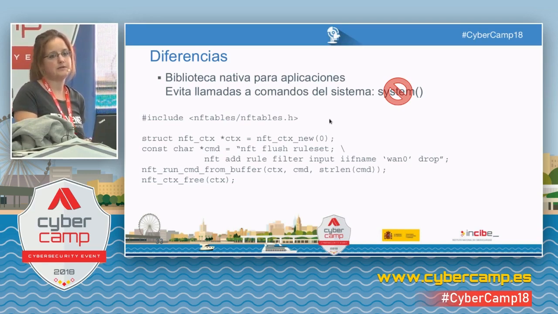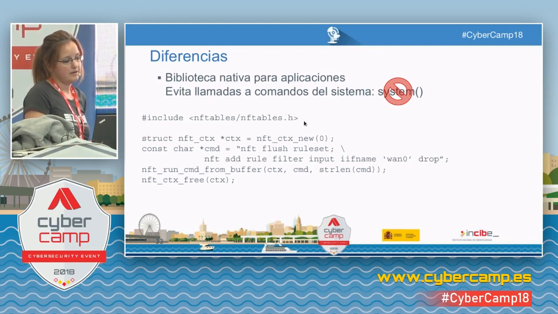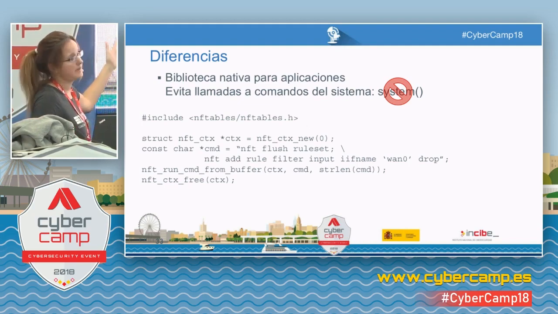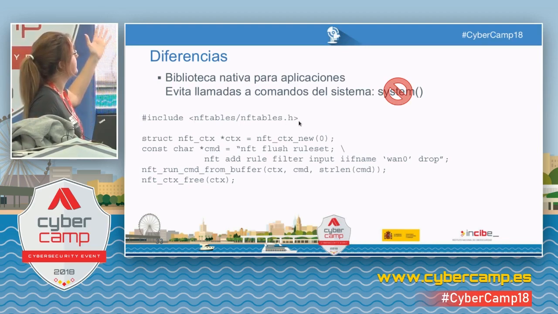And nftables has a native library that allows for an include to be done. This is an example here in C, and nftlb, which is the balancer for nftables, uses this particular infrastructure. The idea is that your program should include the library.